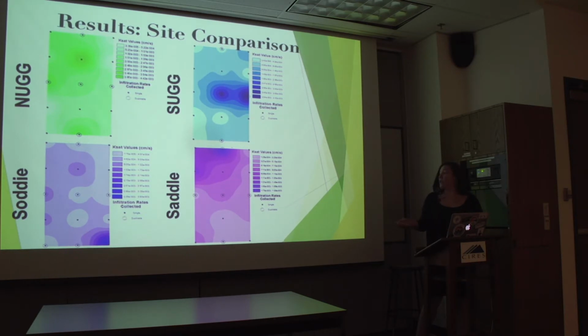And this is where the water was pooled the most in this site. In the Sadi, all of this was really saturated as well. It was a little bit drier along the edges. But again, those really do correlate with soil texture, pore size, resistance, and density of that soil.